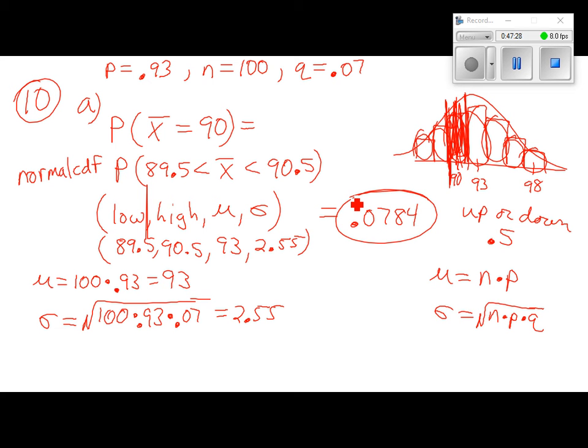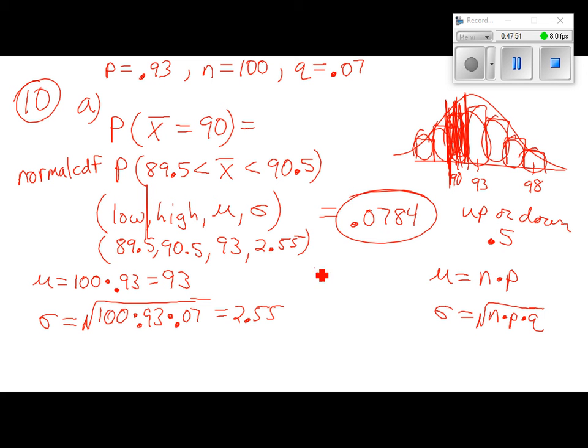Somebody punch in binomial. Let's try it. If we just put in binomial, where do you turn to that? Still on second bars, right? Yeah. Let's go binomial PDF, because all we want this time is 90. Binomial PDF, that's just going to tell us the one score.